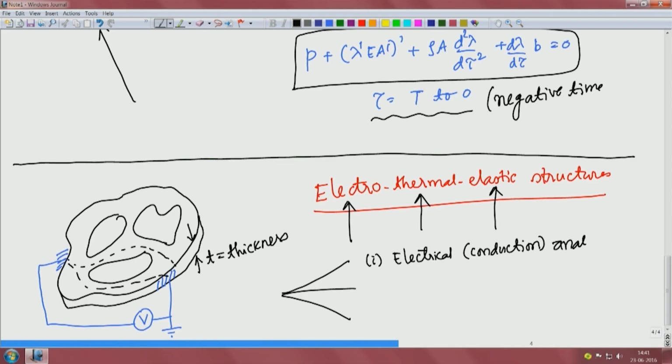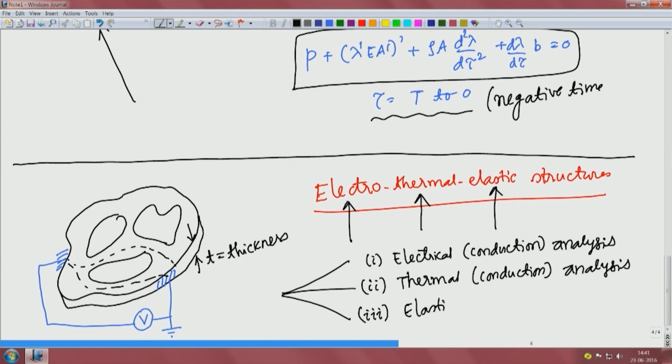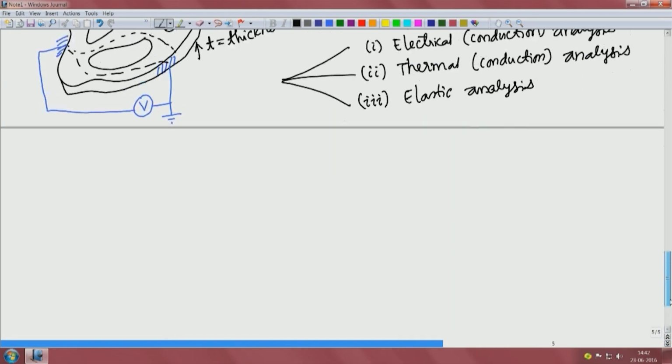Then we have to do thermal analysis. It is also thermal conduction. In fact, the equation for both of them is identical with different properties. One will have electrical properties, other will have thermal properties, and then we have to do normal elastic analysis, which is what we have considered several times in this course.